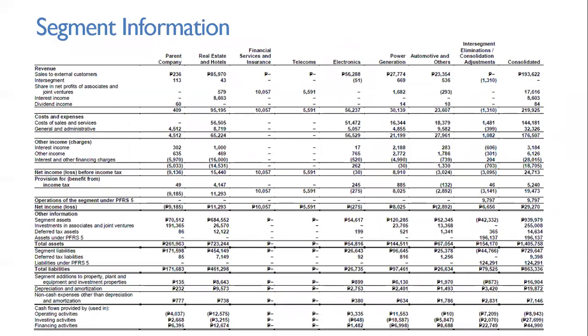So another information that's very useful is segment information. Okay? Merong sa notes to financial statements, meron palaging operating segment information. Okay? Nakalagay doon yung breakdown ng consolidated numbers. Okay?